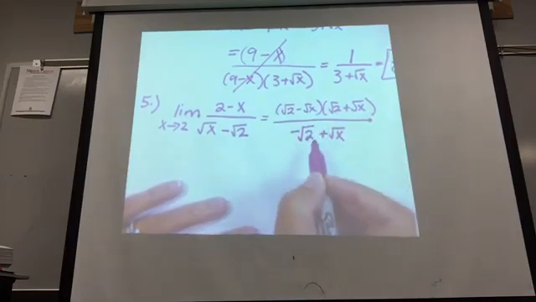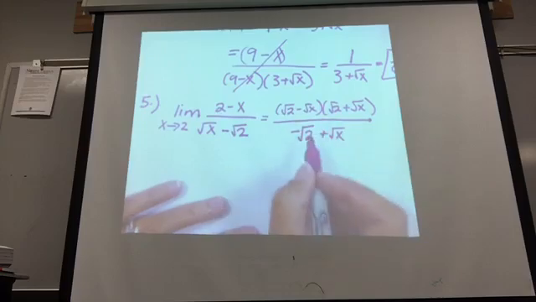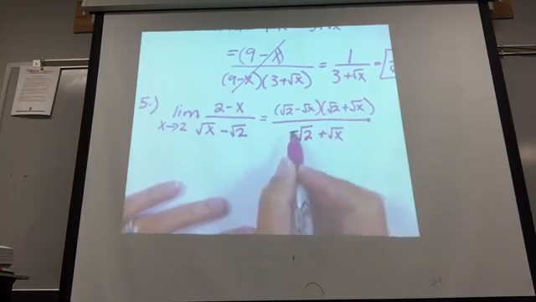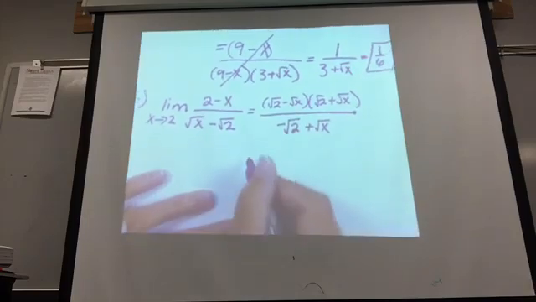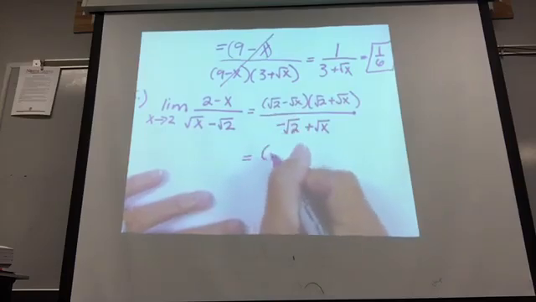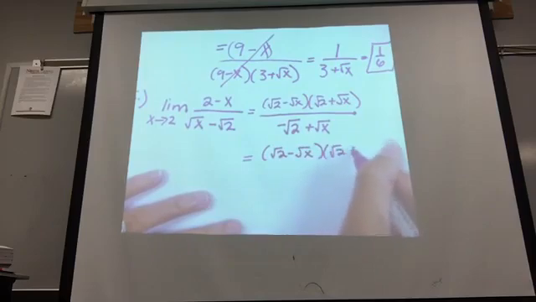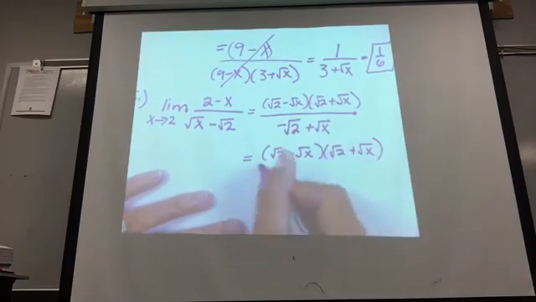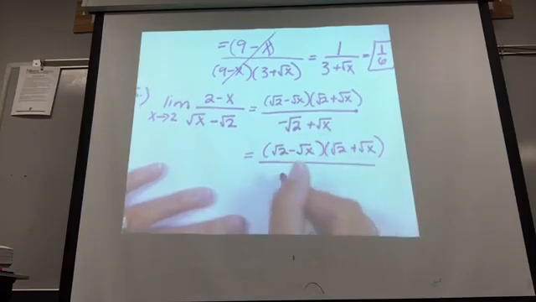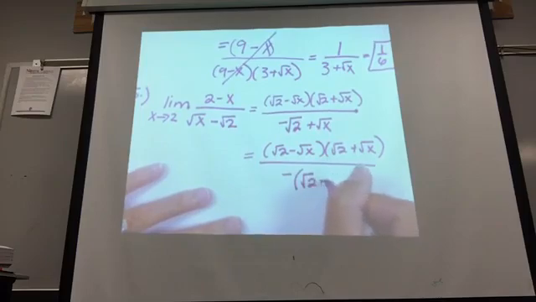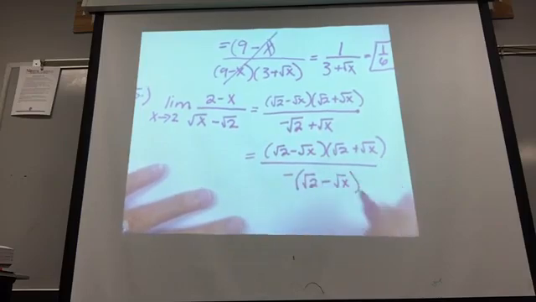I still cannot factor out because I still don't have anything in common, but I can take this bottom and factor out that negative sign. So I'm going to rewrite it one more time. The top is going to stay the same. And now on the bottom, I'm going to factor out my negative sign. And then I'm left with positive square root of 2 minus the square root of x.